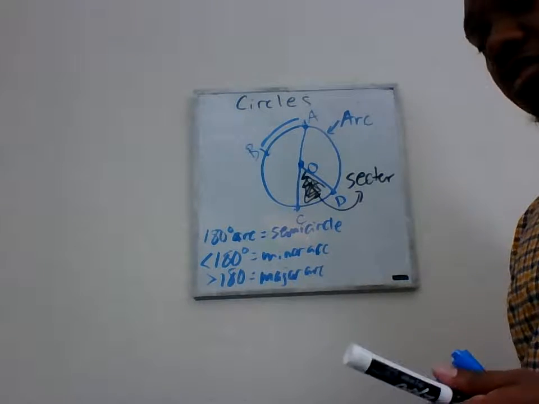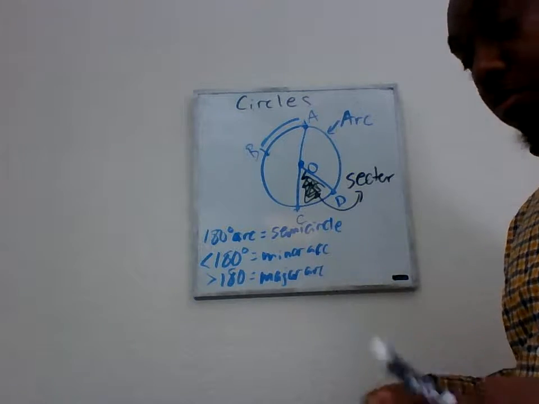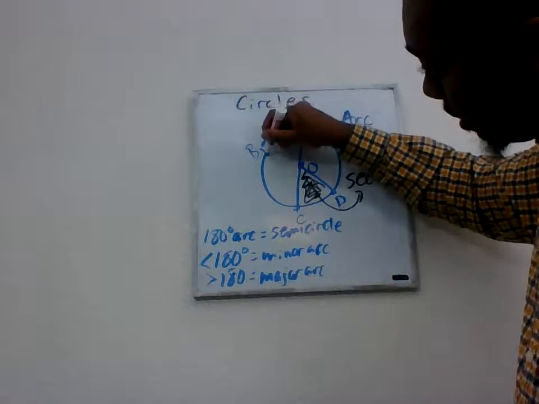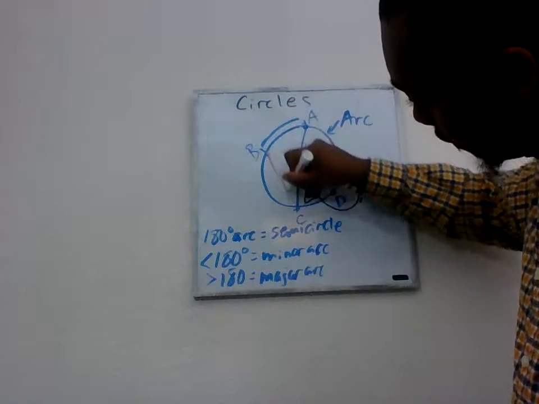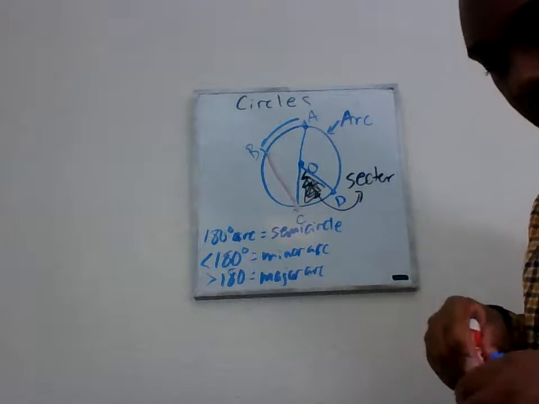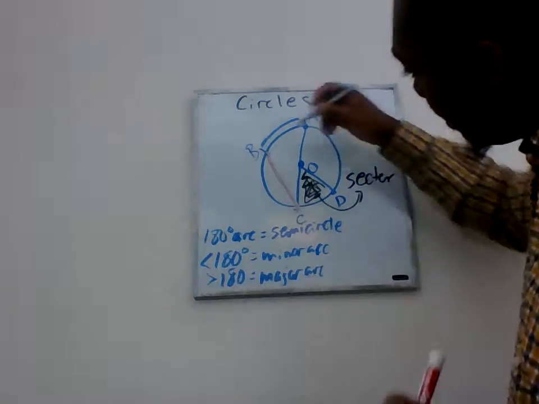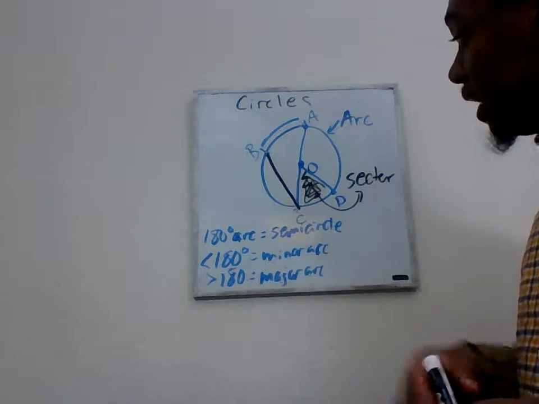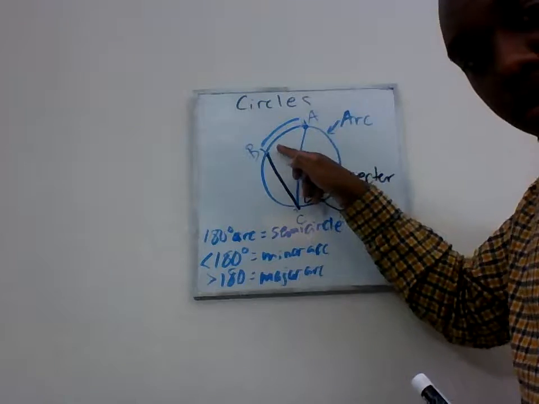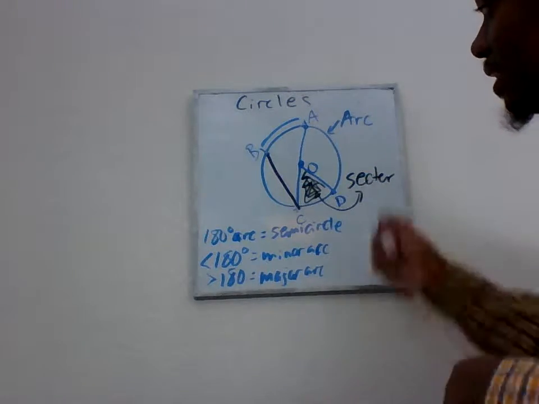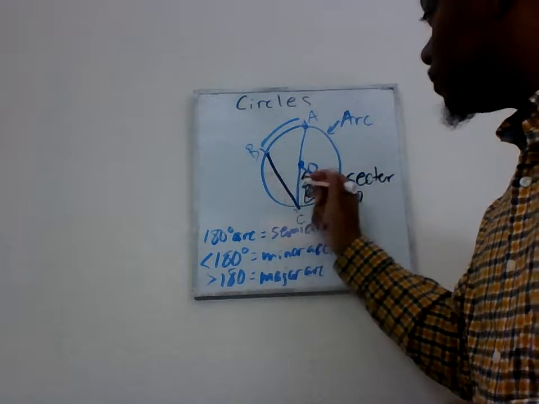Now, there's one other thing that is also important. I'm going to go from point B to C. That is a chord, as we discussed earlier. Let's do that in black. Might be a little easier to see. So that is a chord, BC, because it goes from one point on a circle to another. Well, what we just created is known as a segment.